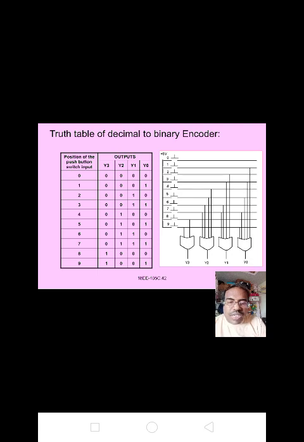Outputs are y3, y2, y1, y0. Please draw this truth table also, most important one. It could be given in your examination. The total concept is also given as a 5 marks question. Please make a note of it. I will also write in this notebook.